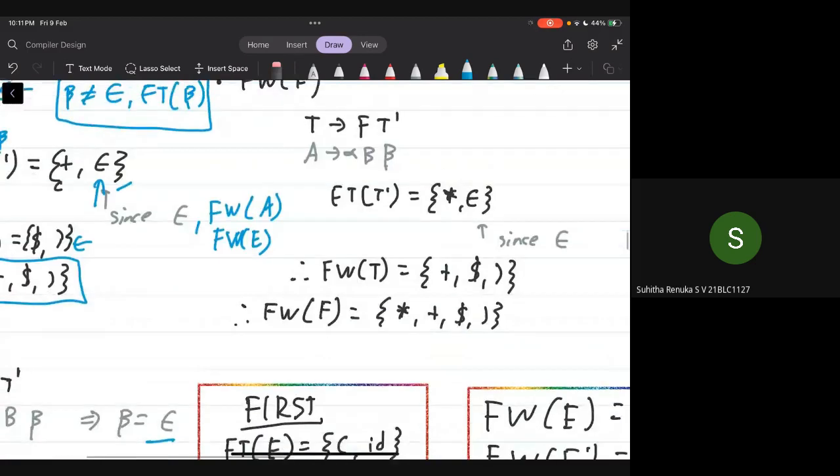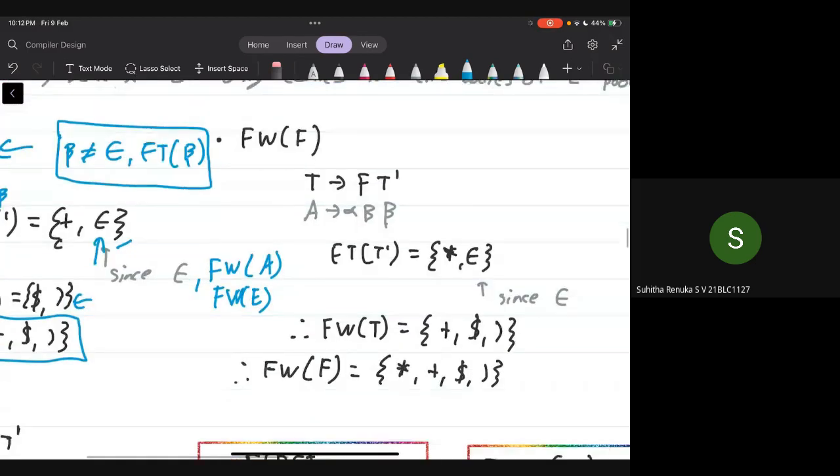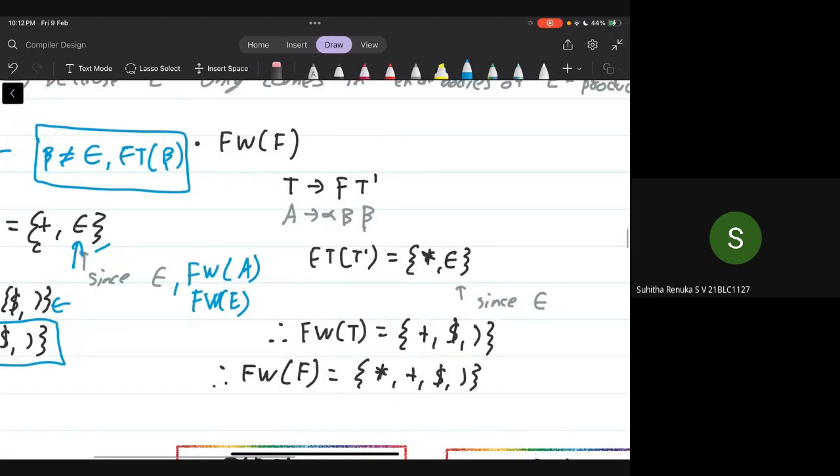Okay. One thing remaining is follow of F. அவ்வளோதானா? So follow of F is T. F T goes to F T dash, and here your B is your F. Alpha is your epsilon. Your beta is T dash.